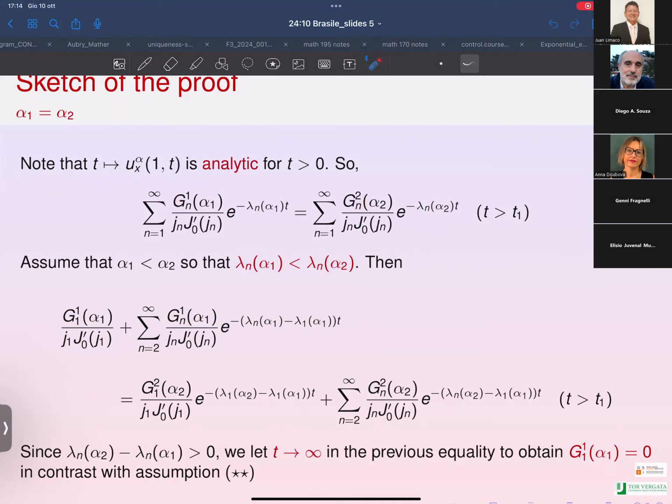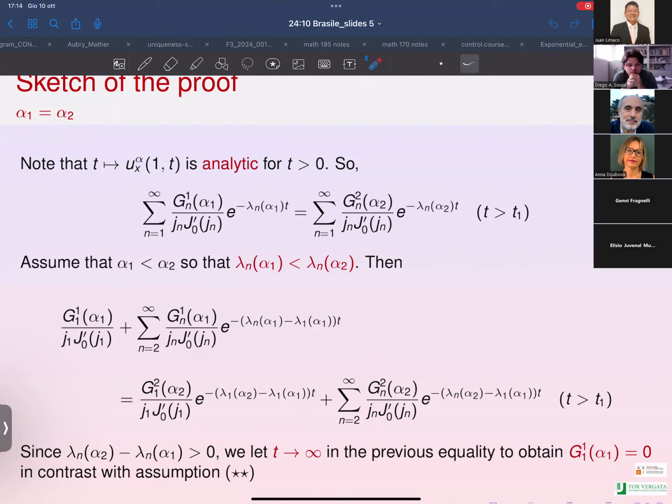Now, here the idea is to use analyticity. That is going to give us uniqueness, but not Lipschitz stability. The map from T to the normal derivative at 1 is analytic. Semigroup is analytic.